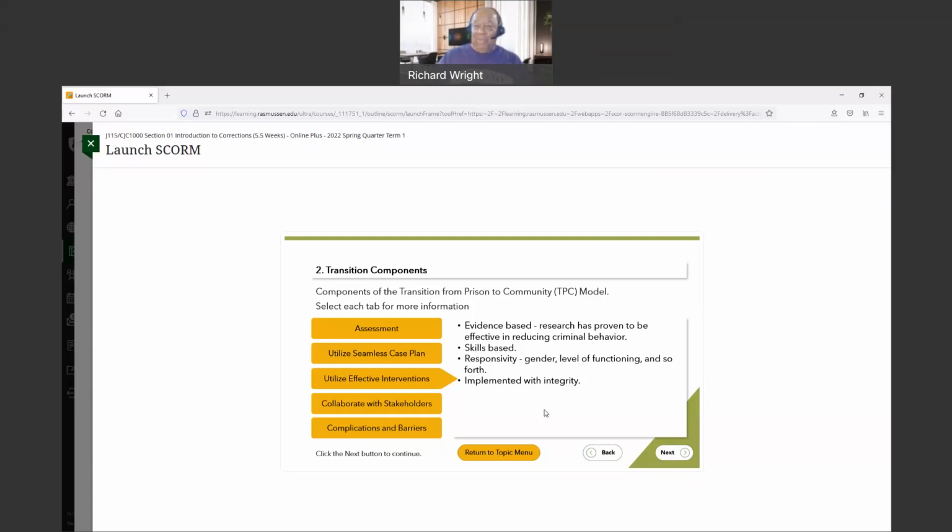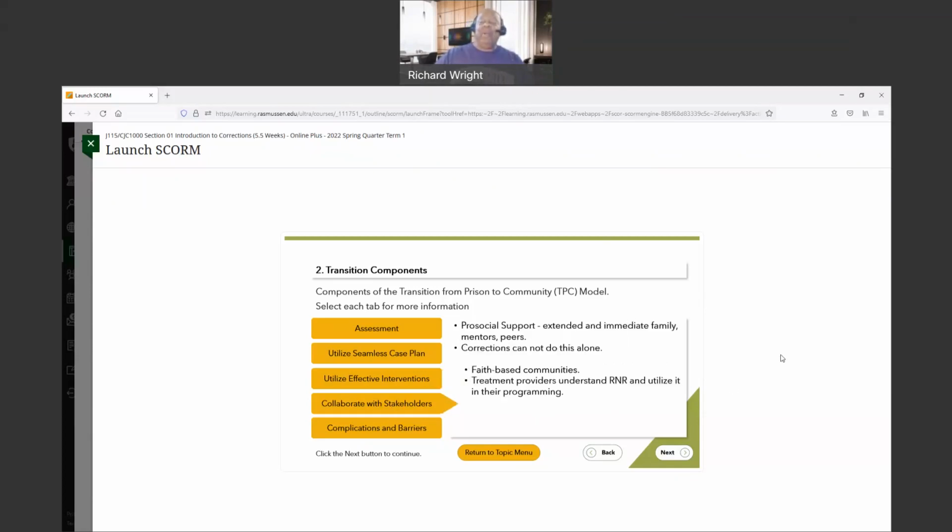Gender, of course: we deal with people differently based on their sex, and how they operate, what their mind level is, dealing with the individual's ability to comprehend or ability to learn.